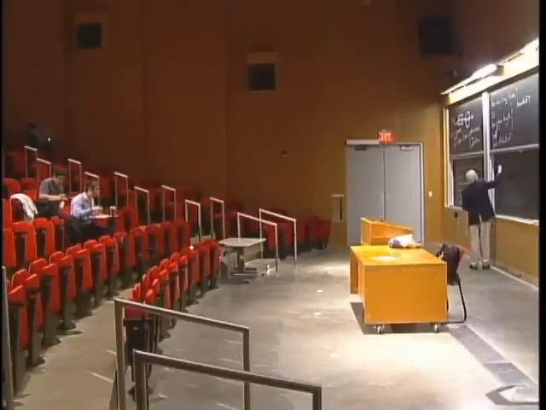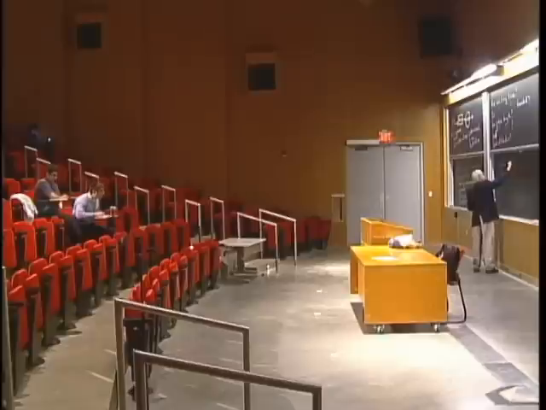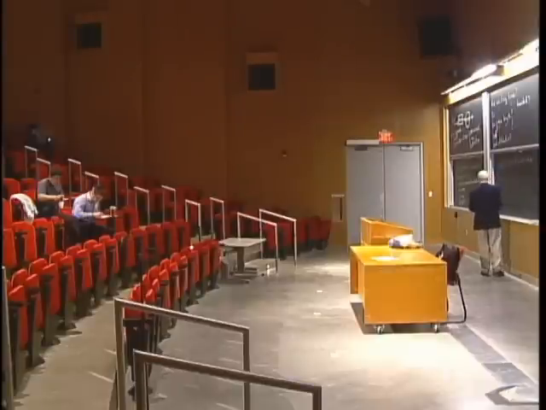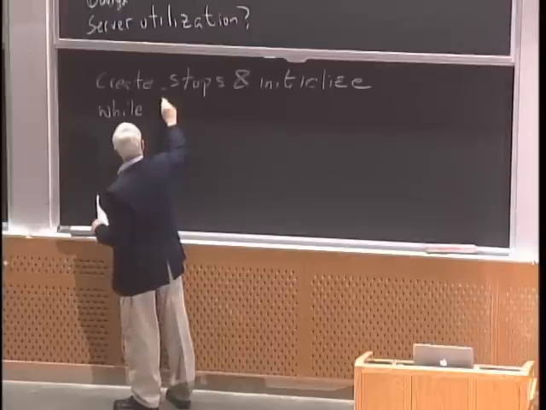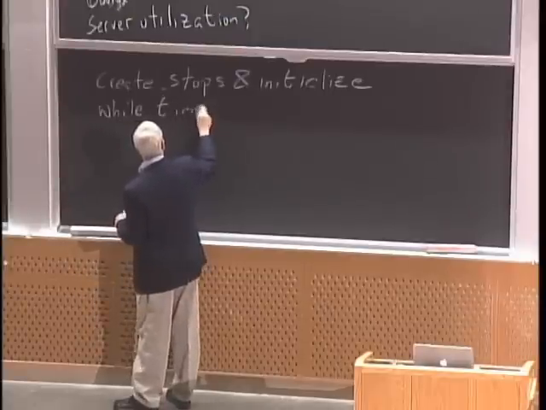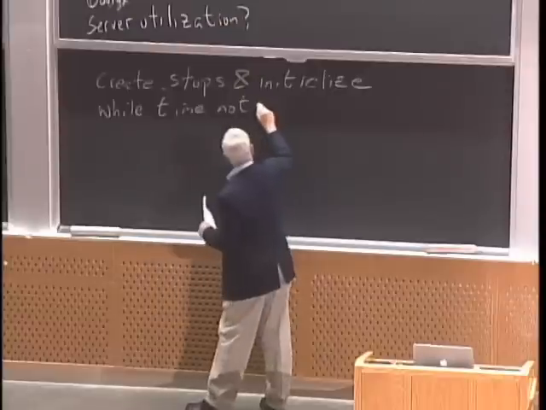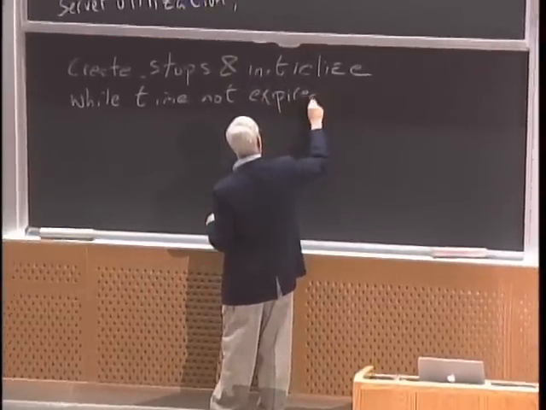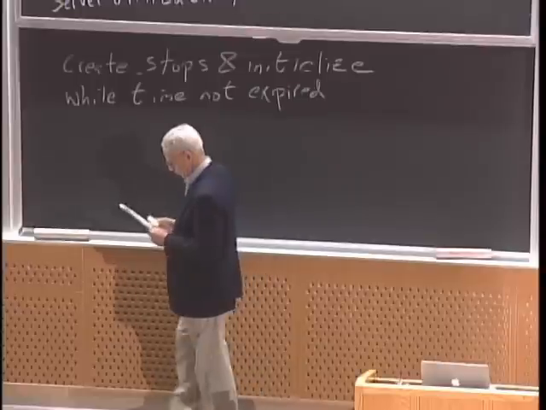So the first thing we do is we create the stops and we initialize some variables that we're going to use to keep track of performance. We then enter the main loop, which is essentially while time not expired. That has to do with how long we're going to run this simulation.